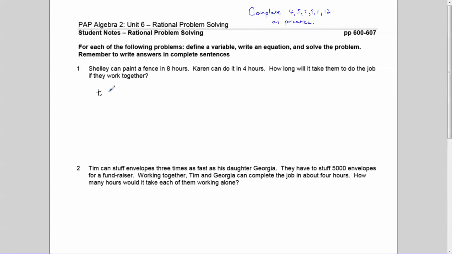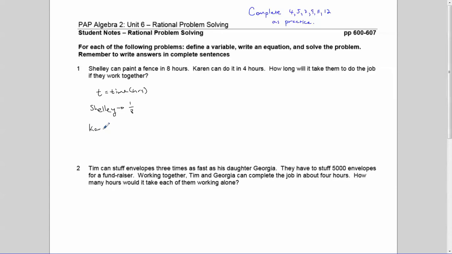In this case, we are looking for the time it will take them to do the job together, so we'll say that that's t. T is the time in hours. So let's look first at Shelley's rate. We know that Shelley can paint the fence in 8 hours, so her hourly rate is that she can paint 1/8 of the fence in an hour.